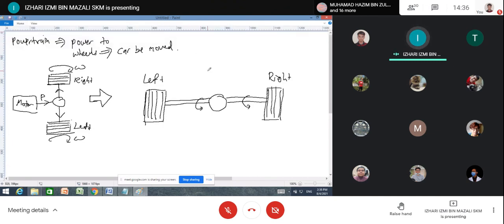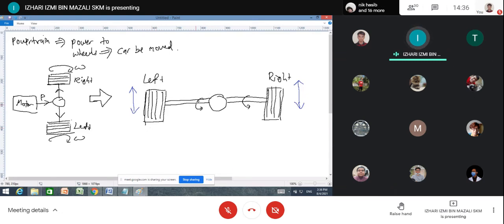Now you have to make sure that in your car, eventually you will have a suspension. What does it mean? It means that your tire can move up and down vertically. So what happens? If this is connected to the motor and everything is fixed, then you cannot allow the tire to move up and down.